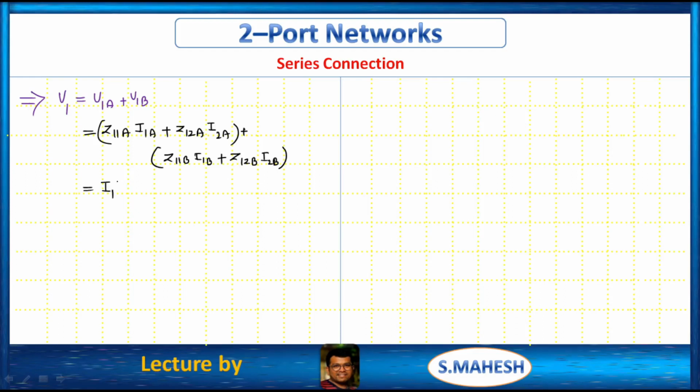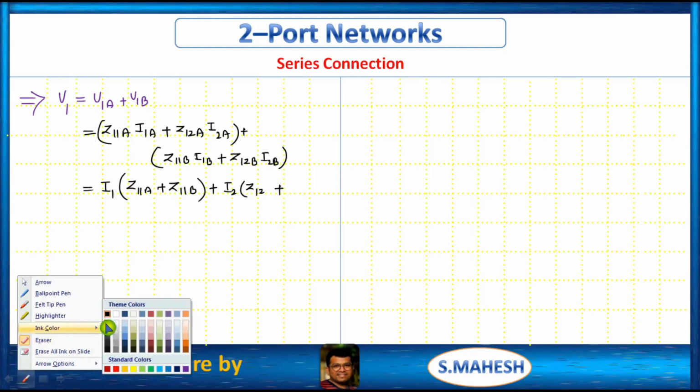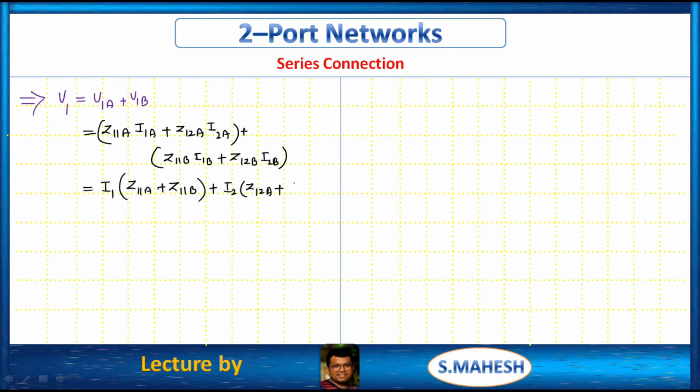Let us say this is I1 and this is I2. Therefore the coefficient of I1 is Z11A plus Z11B, and the coefficient of I2 is Z12A plus Z12B.